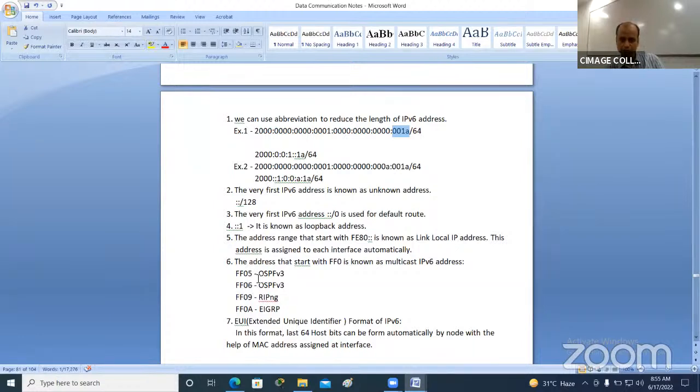These two IP addresses are used for multicasting in the case of OSPF. And in IPv4, 224.0.0.5 and 224.0.0.6, these two IP addresses are used for multicasting in the case of OSPF. Fine.